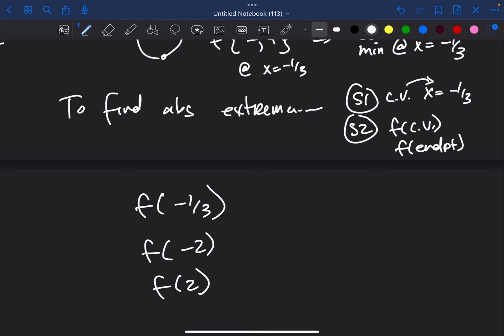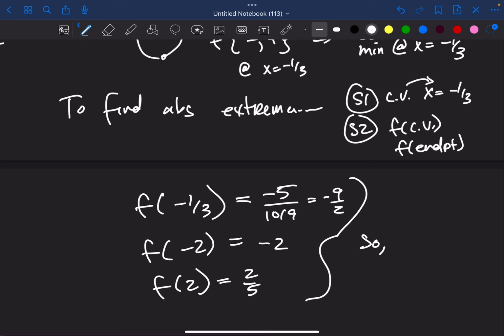When you do that, f of negative 1/3, if you plug it back into the original function, will give you negative 9/2. If you plug in negative 2, you're going to end up getting negative 2 out. And when you plug in 2 in the original function, you're going to get 2/5.